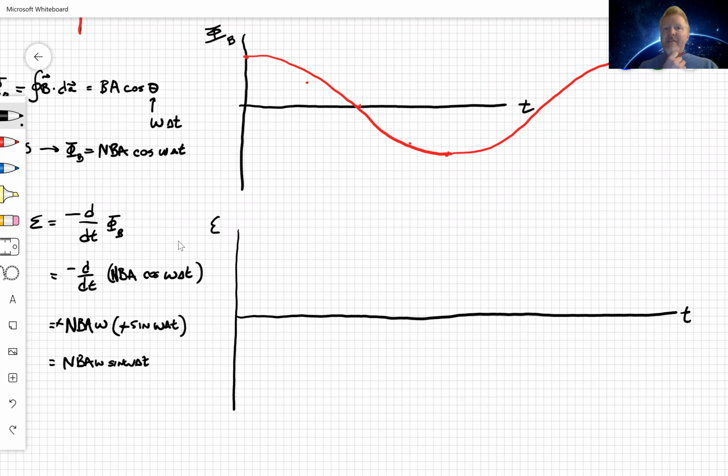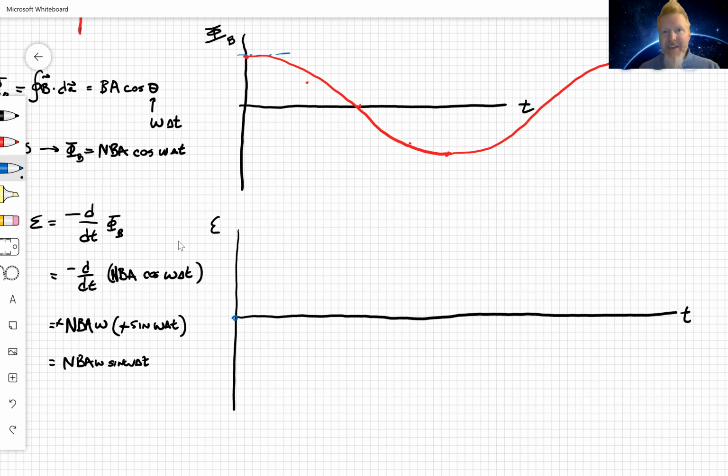So when I look at the graph of it, now I'm going to say, all right, well, this is the derivative of the flux. So I'm looking at the slope of the flux to know whether or not I'm getting a generated EMF in the loop. Right at the very top, you can see the slope is 0 here. And that's why I'm starting off with a sine, because the sine starts at 0.